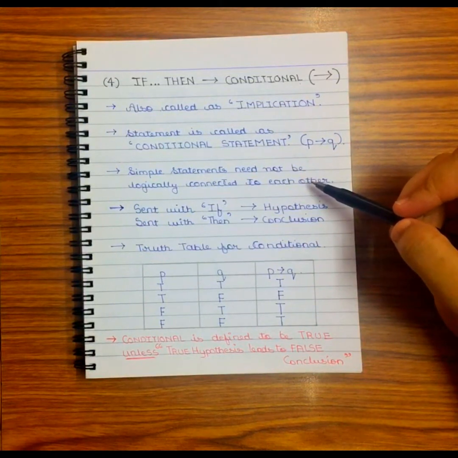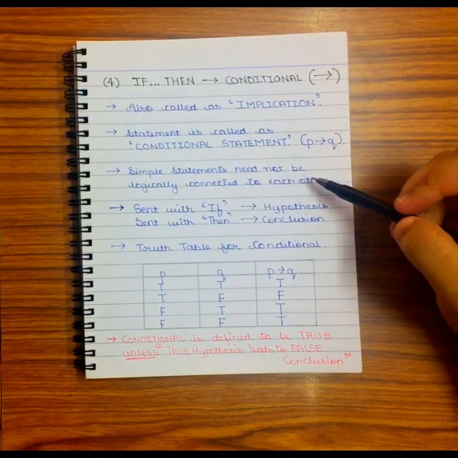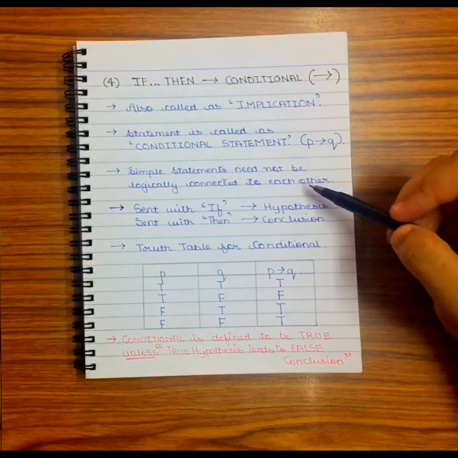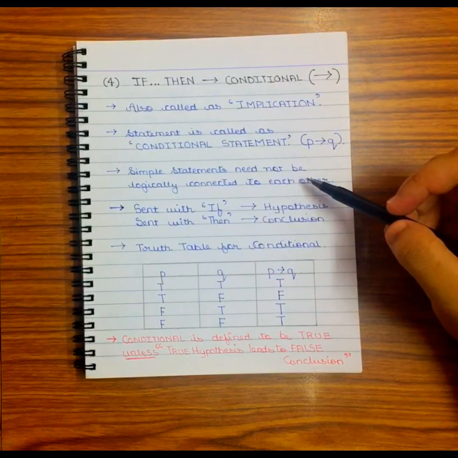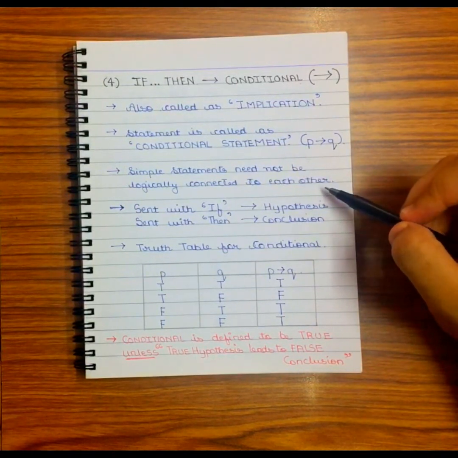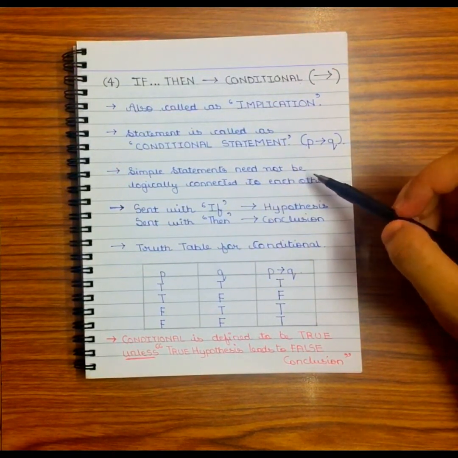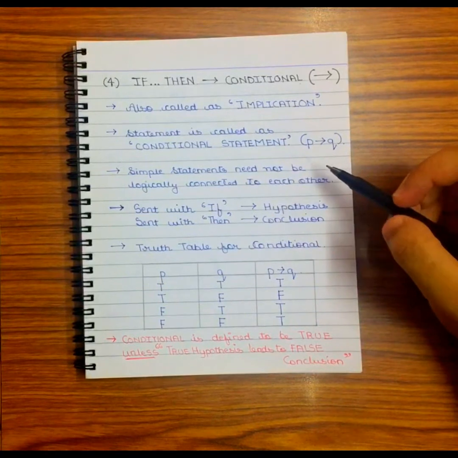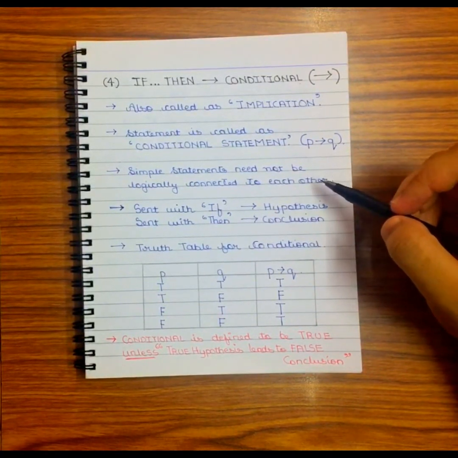Okay, so the two statements can be unrelated, but they can take the form of if and then. For example, I say if milk is white then 2 plus 3 is equal to 5. So there is no necessity that the two statements should be connected. Okay, so that is why I have written it over here: simple statements need not be logically connected to each other.